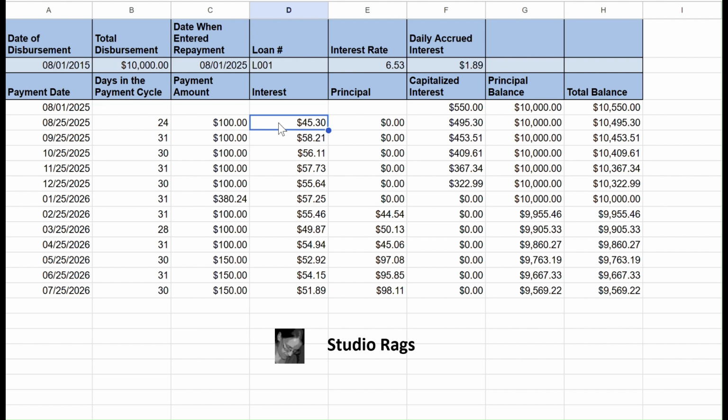But if it's just a penny or so, once you've made the payment, and especially if it's in your favor, just adjust your spreadsheet. So say, for example, this calculation determined it was $45.30, but let's assume Nelnet, or your provider, only charged $45.29.